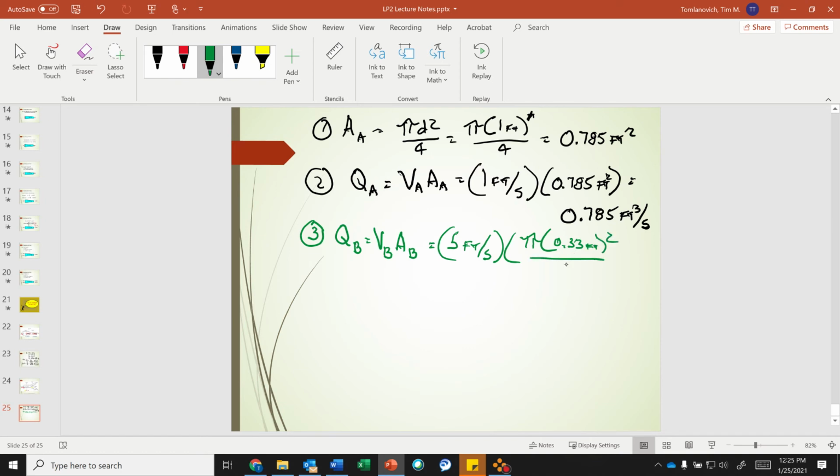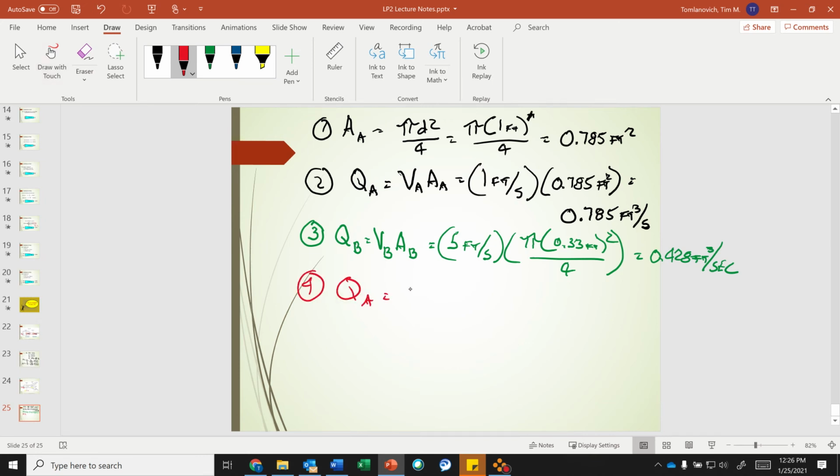Square that, divided by 4, and we get our flow rate at section B. So pi times 0.33 squared divided by 4 times 5, I get 0.428 cubic feet per second.